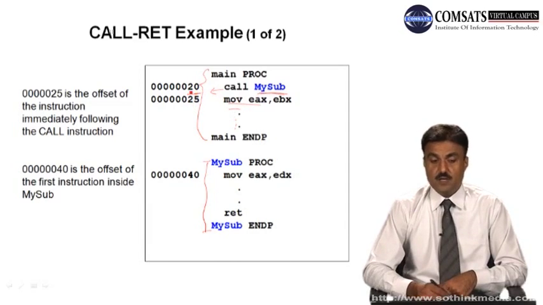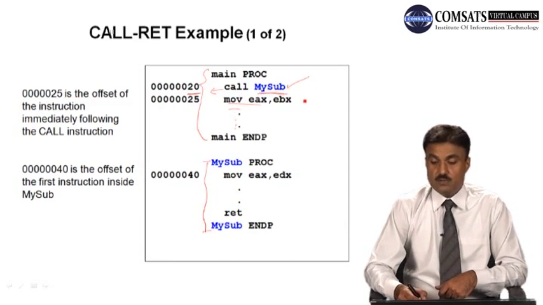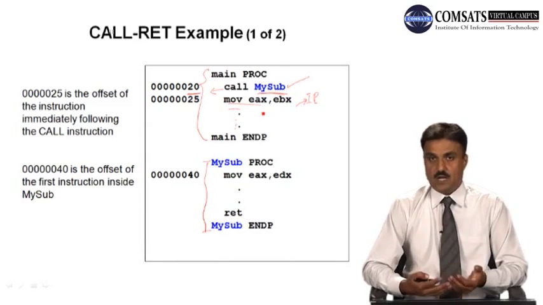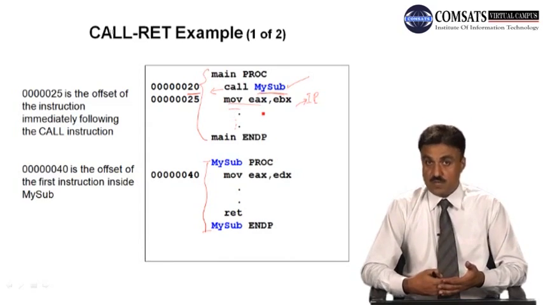When we are executing this instruction, we know that the instruction pointer has address 0025 inside it, because the instruction pointer is updated for the next instruction to be executed.